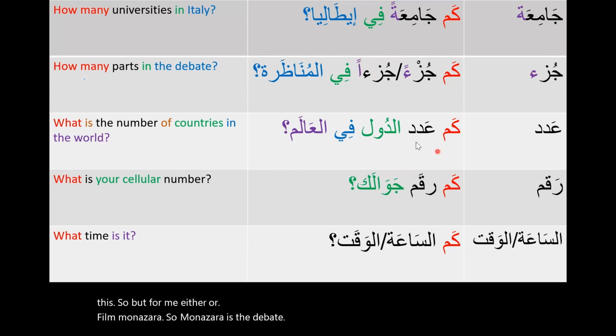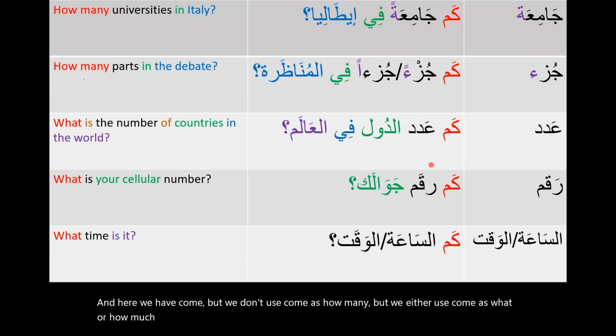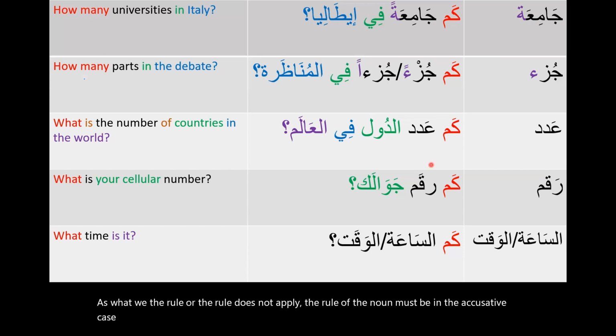And here we have kam, but we don't use kam as how many; we use kam as what or how much. So when we use kam as what, the rule does not apply, the rule that the noun must be in the accusative case, singular, and indefinite.